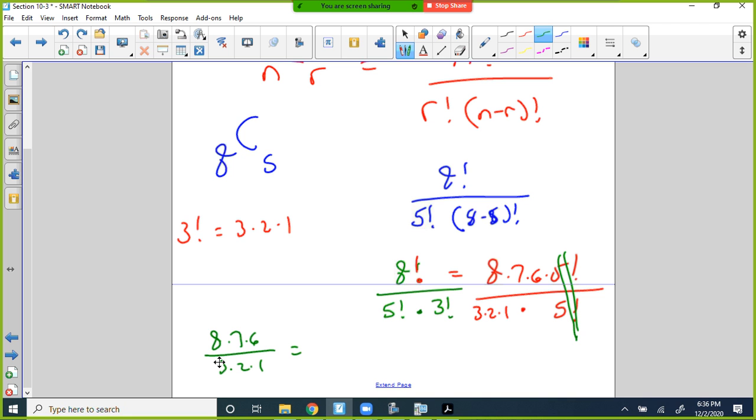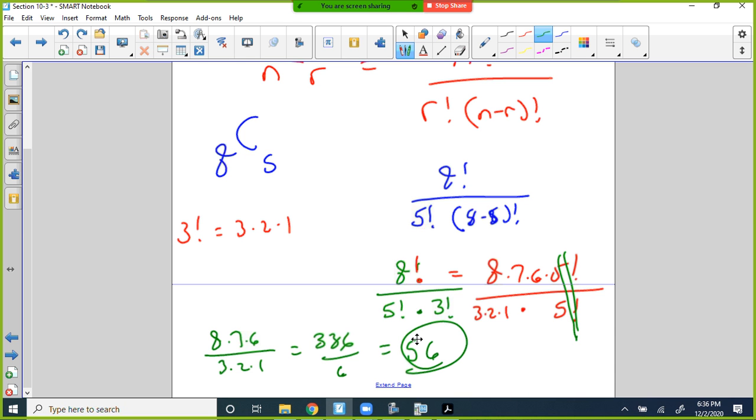So if I do that real quick, 8 times 7 times 6 gives me 336 over 6. 336 divided by 6 is 56, so your answer would be 56.